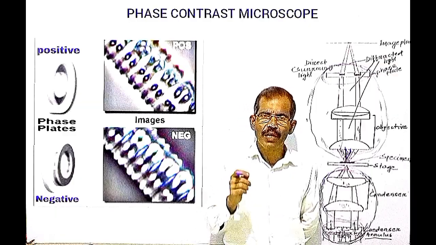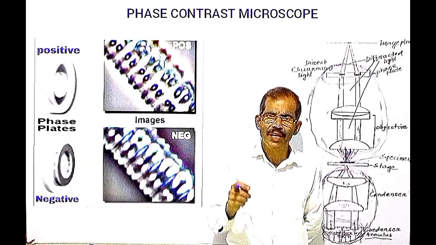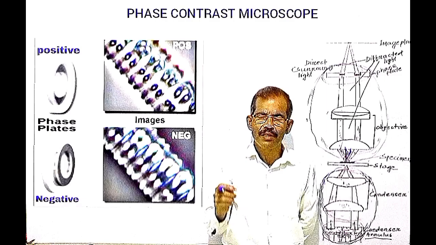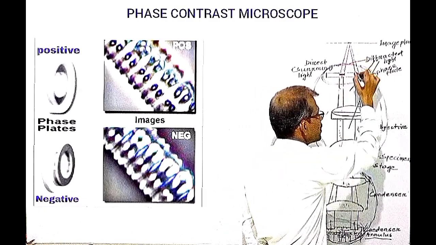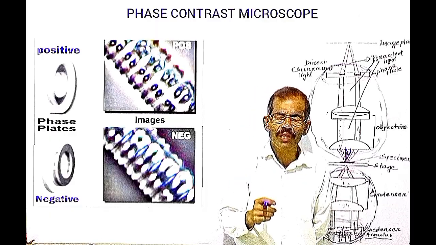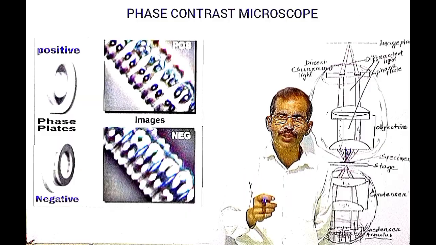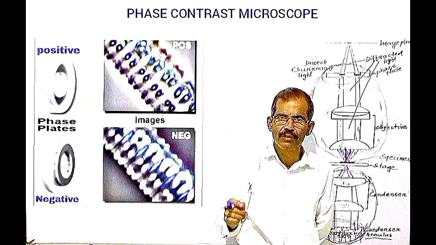Number two, negative or bright contrast phase plate, which has a thicker conjugate area that retards the phase of surrounding light by 90 degrees. A negative phase plate produces negative phase contrast in which the specimen appears bright against a dark background.